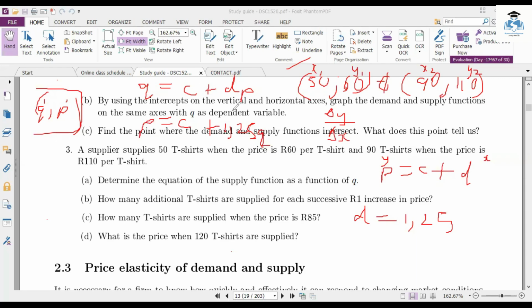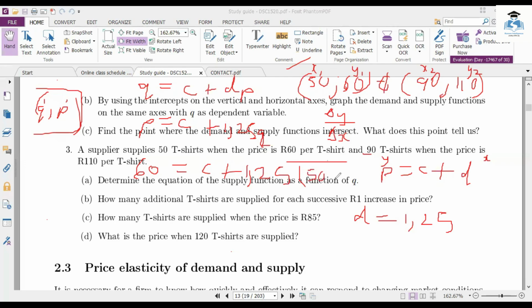Remember we swapped. Now we want to find the value of C. We can use the coordinates that we already have here. Let's say our Q is 50, then our P is 60. So we say 60 is equal to C plus 1.25 times 50.